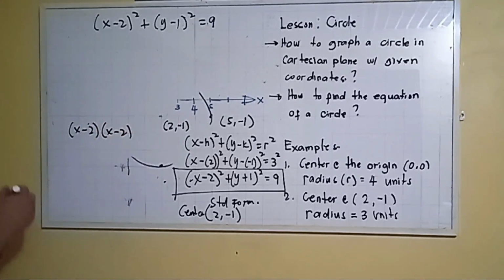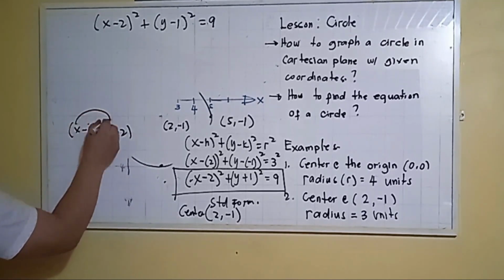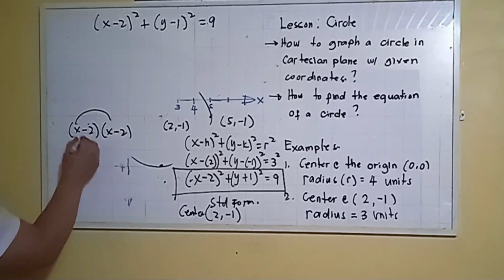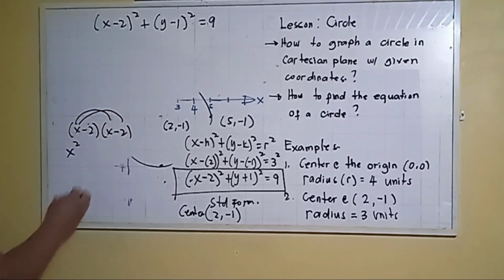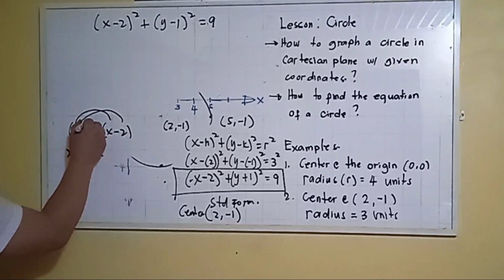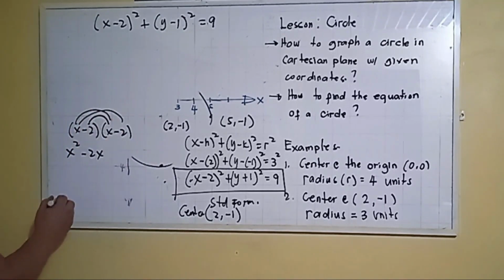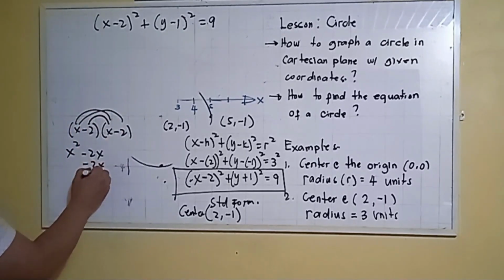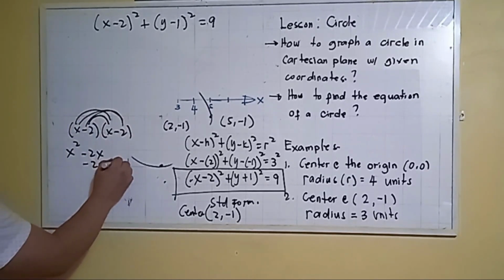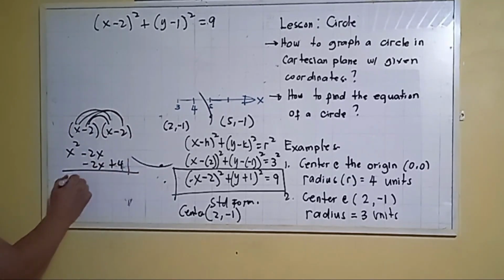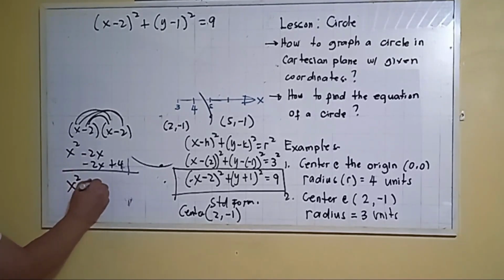In this case, babalik na naman yung ating pinag-aralan tungkol sa FOIL method. So, x times x, x², x times negative 2, negative 2x. And then ito naman, negative 2 times x is negative 2x. And then negative 2 times negative 2, positive 4. And then we add x², bring down. And then negative 2x plus negative 2x, we have negative 4x.